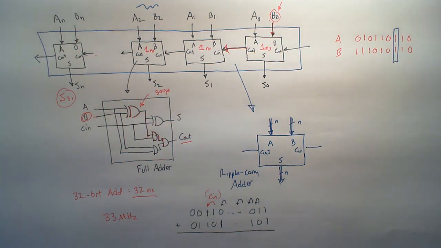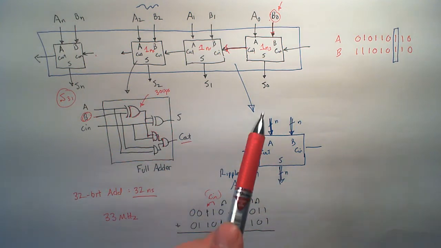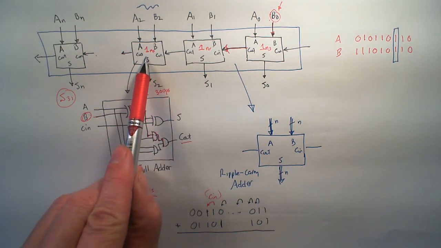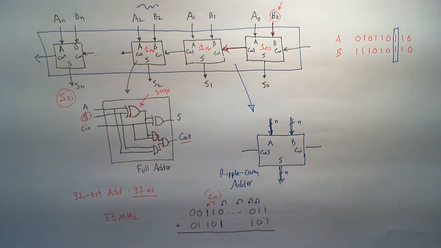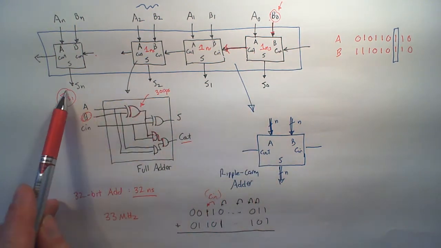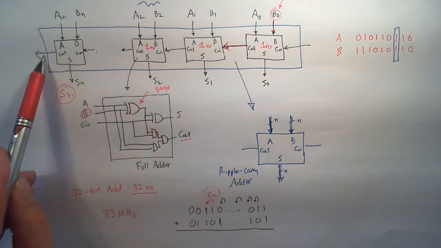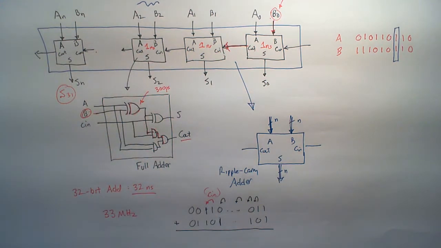We decided that to move information through each stage of a ripple carry adder is going to take about 1 nanosecond per stage, and so for a 32-bit adder, it's going to take about 32 nanoseconds to form a complete answer, allowing enough time for the carry information to ripple all the way through all stages. And that means that a ripple carry adder can only operate at about 33 megahertz, best case. So if we want to have an adder that can operate faster, we have to break that ripple carry chain.